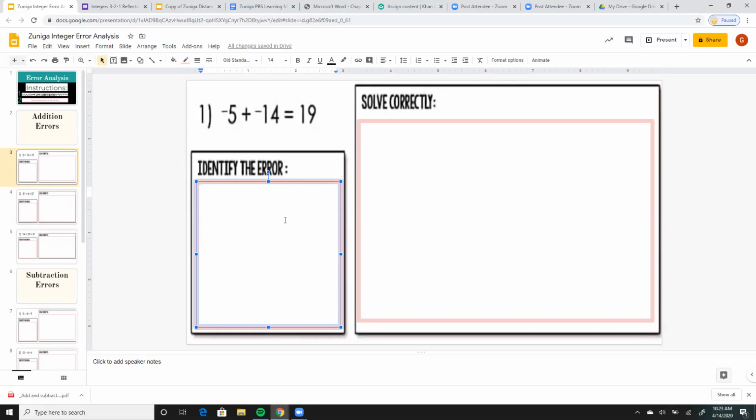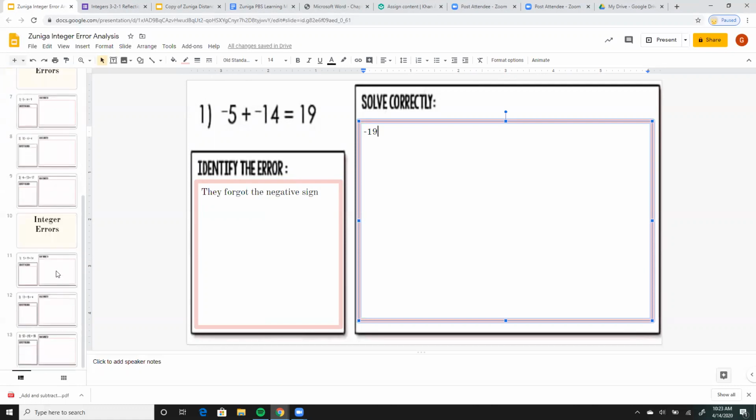So my answer wouldn't be positive 19. What did they do? What's the error? They forgot the negative sign. And my actual answer is negative 19. That's all you're doing here.